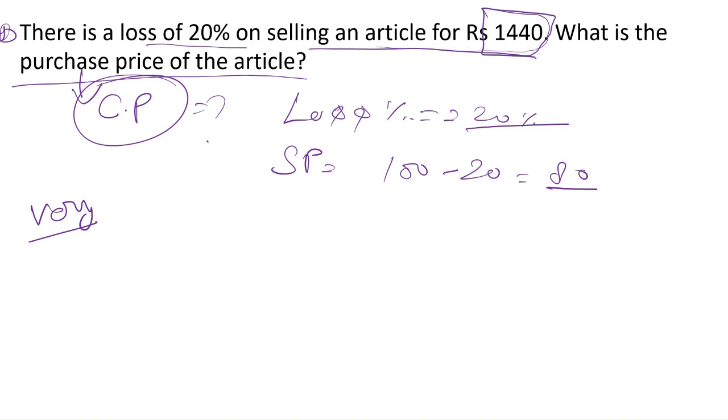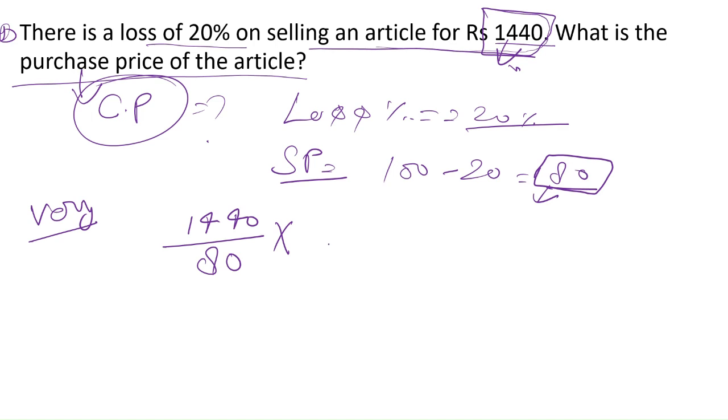Selling price is 1440. It is given in the question. Then we put 1440 as numerator and divide by SP 80, and simply multiply by 100.